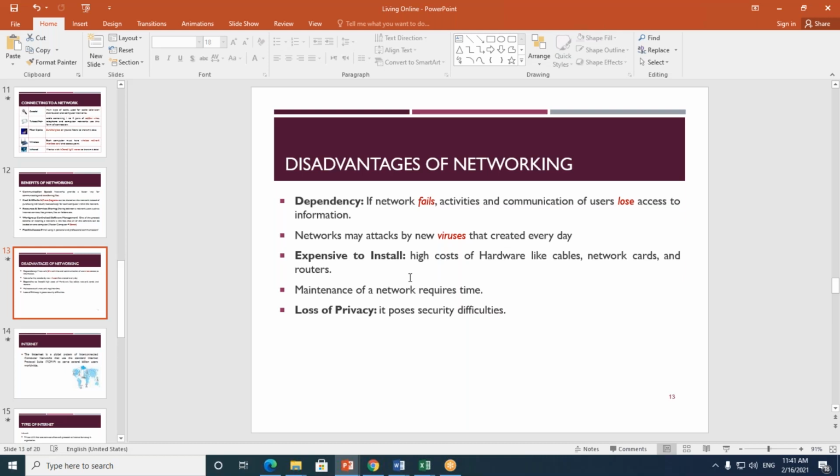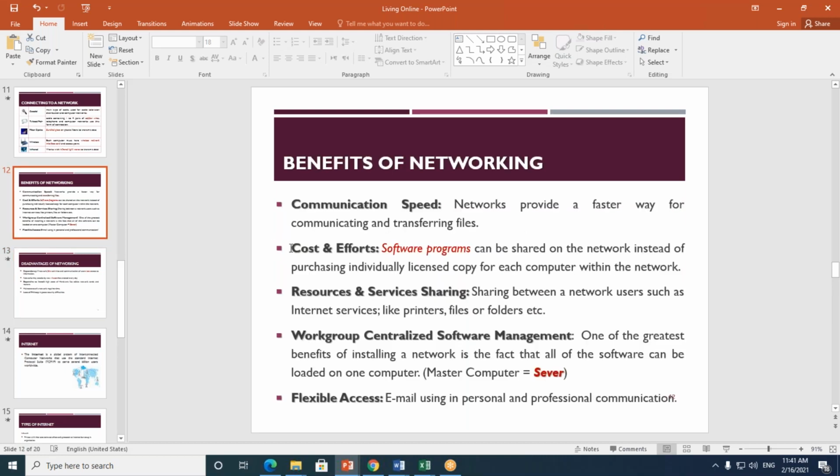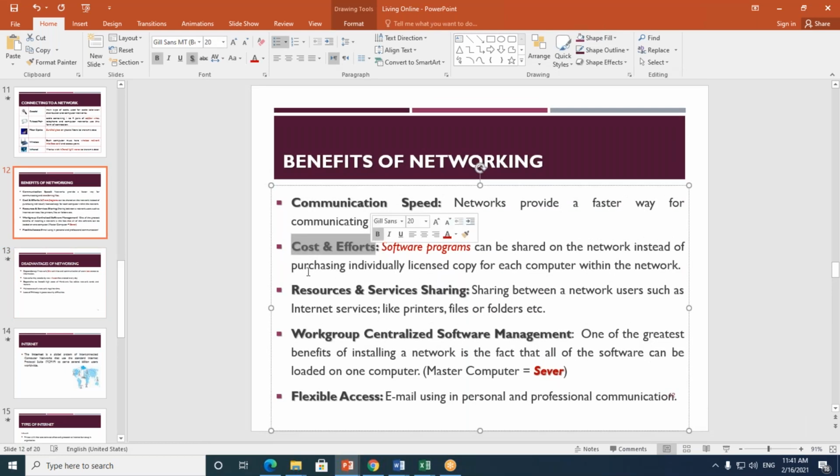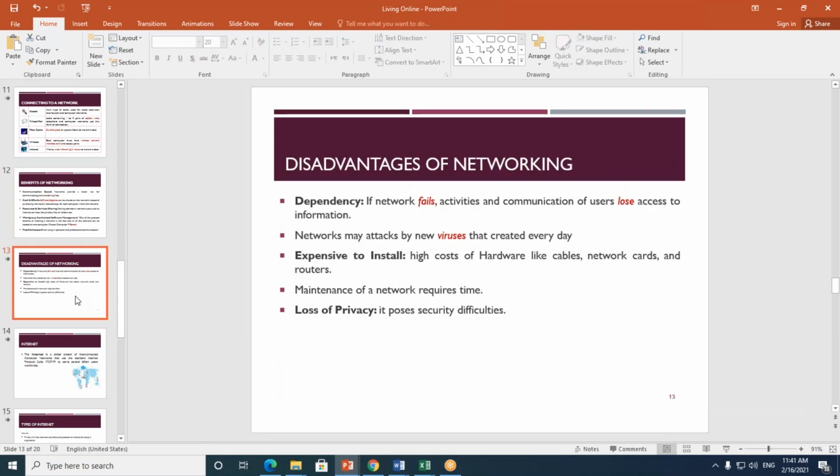After that, in terms of advantage, it minimizes the cost and the effort. At the start it is a disadvantage. You have to pay.